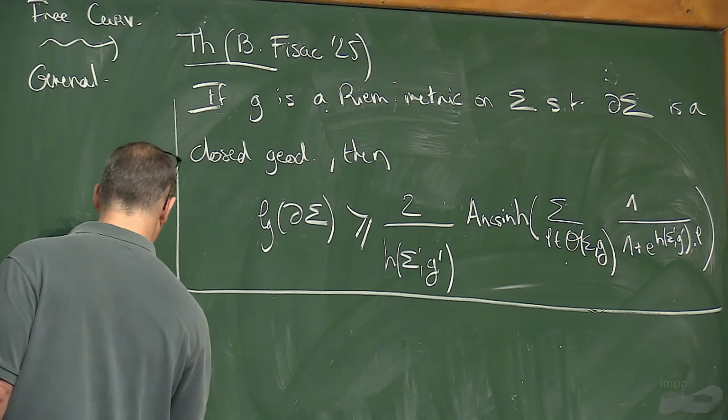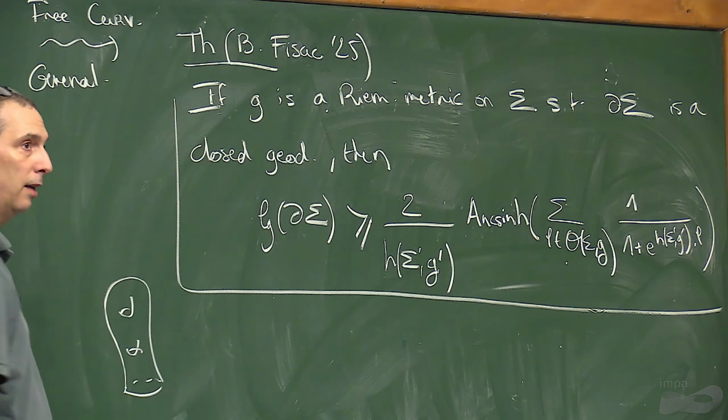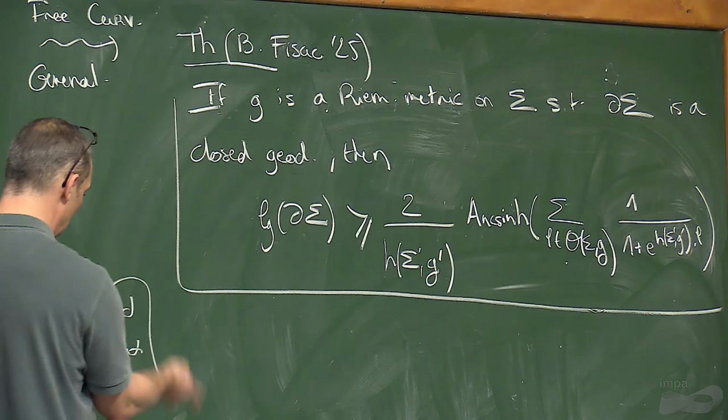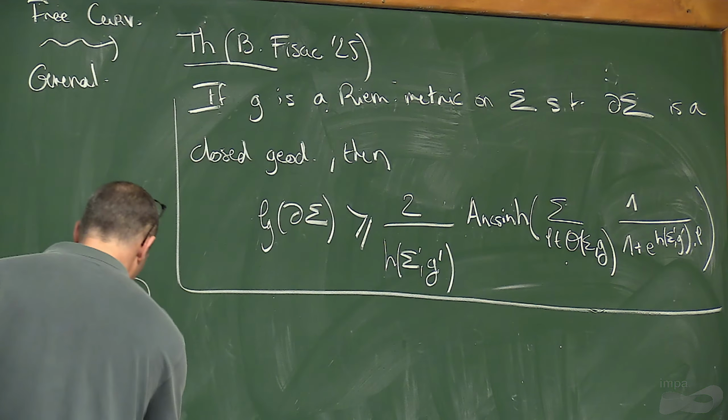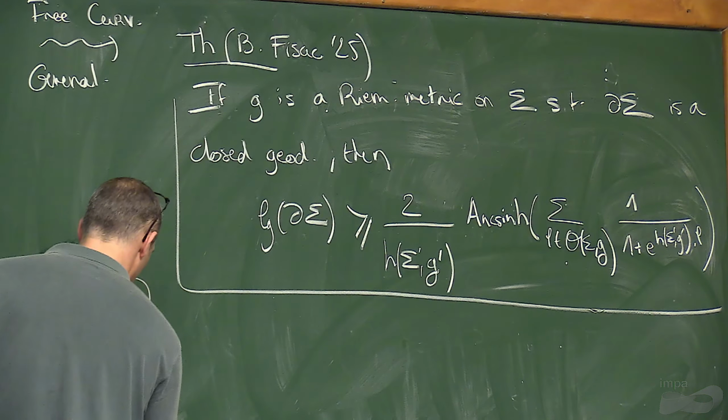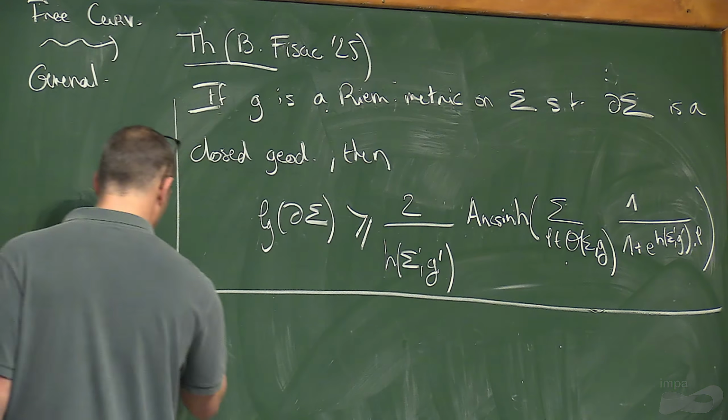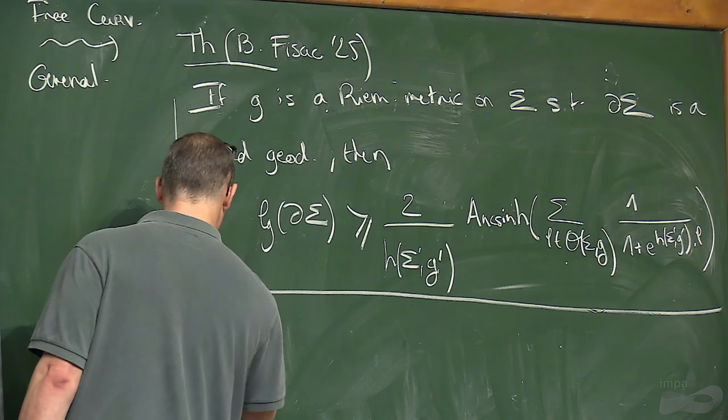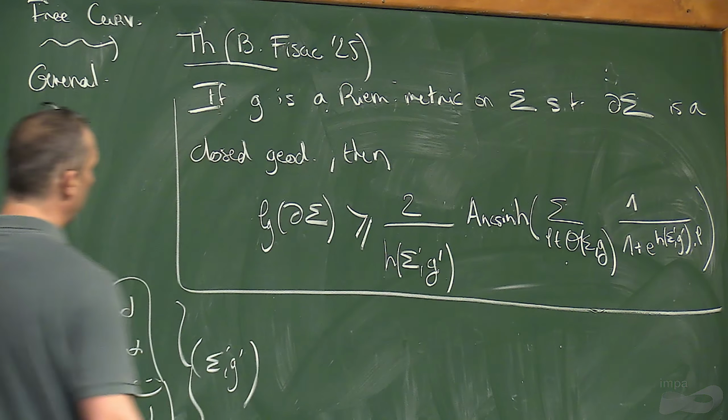So you have sigma, which has as boundary a unique closed geodesic, and then you do the reflection, okay, and now you get a closed surface, and this is your sigma prime.